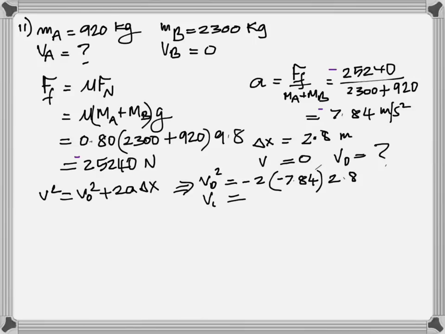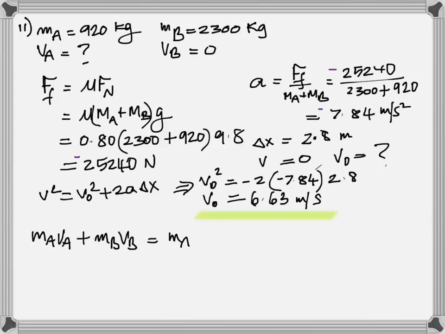Two negatives make a positive, and you get V0 is 6.63 meters per second. Now that's the velocity with which both began moving after the collision. So using the conservation of momentum, we can find the velocity of the sports car.